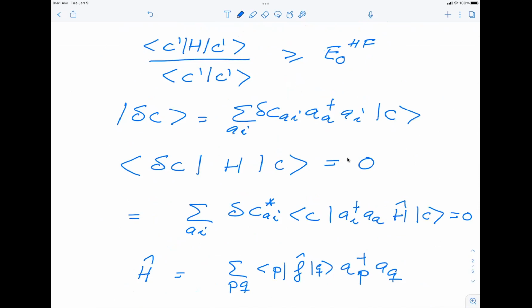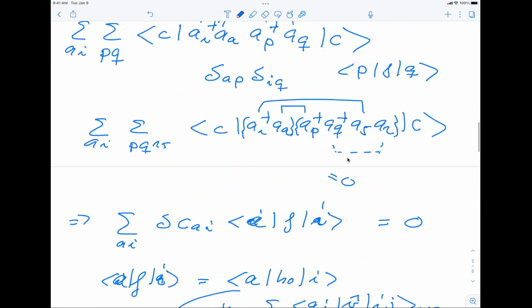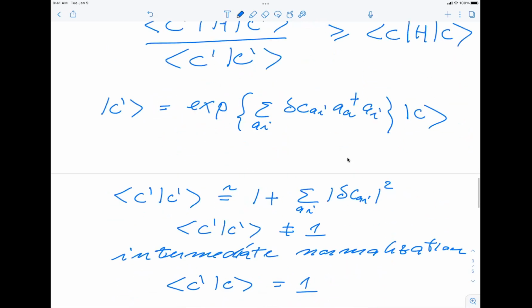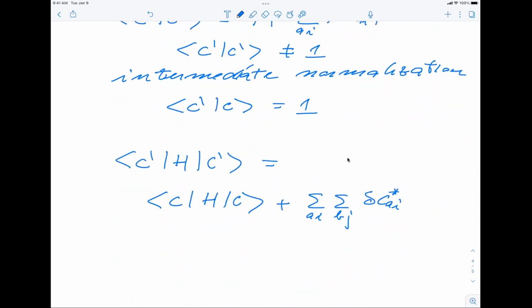So when you now multiply things here, you would obviously have one term which goes like C, then H, and then delta C, and I would have the similar thing from the bra side. And these terms are by definition 0, because we have assumed that we have optimized the terms. So I only have the terms which run as a function of delta C squared.